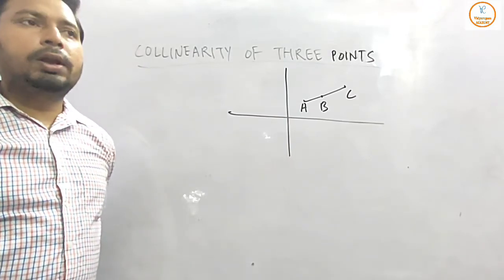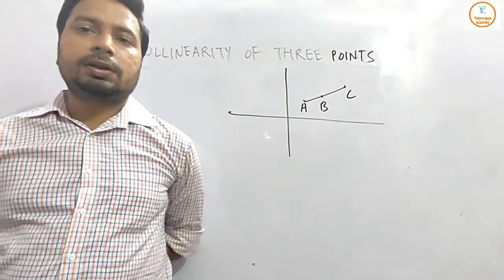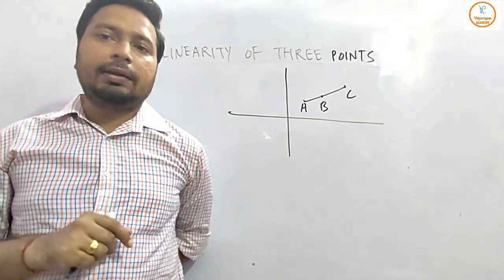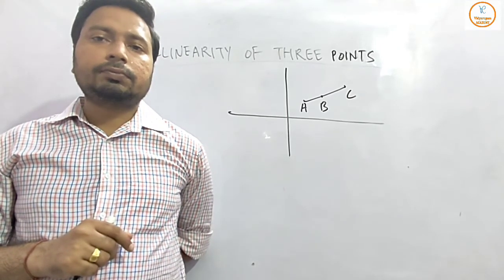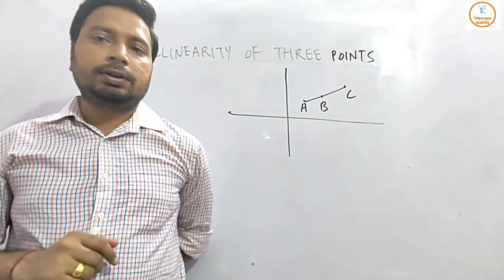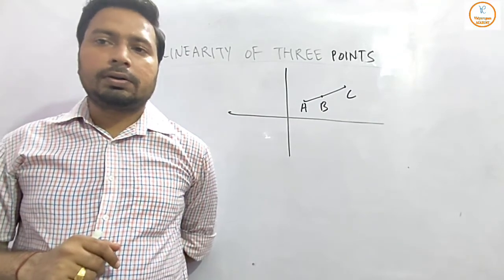What is meant by collinear? Collinear means the points are in a single line. So if the 3 points are collinear, then how will we calculate whether they are collinear or not?